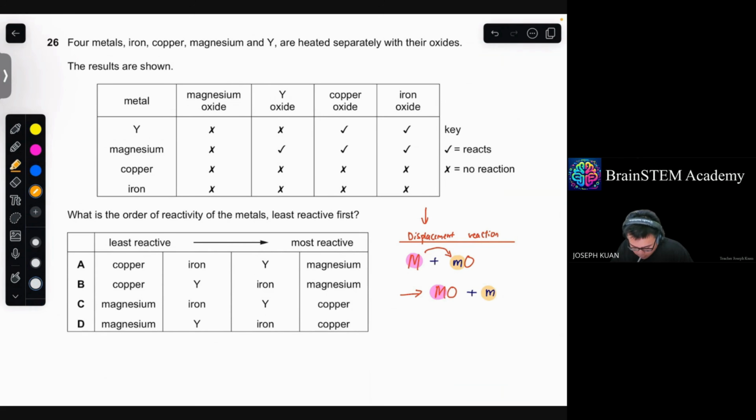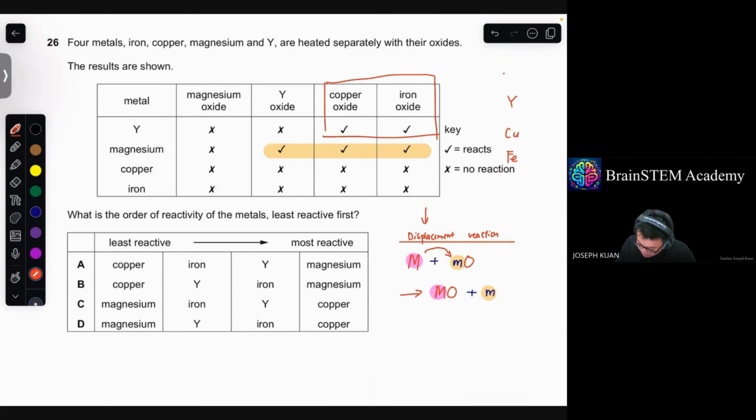All right, so let's see. Metal Y is able to displace copper and iron out from the oxides. So Y should be above copper and iron. Then magnesium is able to take over all three metals.